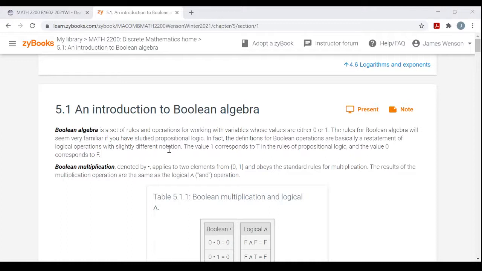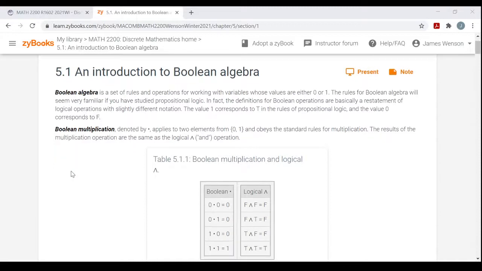So it's the same stuff, just in a different packaging. So the value 1 will correspond to a truth value of true in the rules of propositional logic, and the value 0 will correspond to a truth value of false.